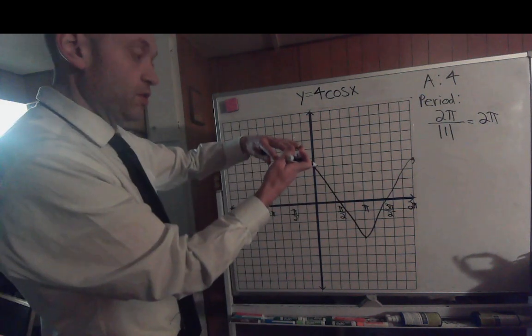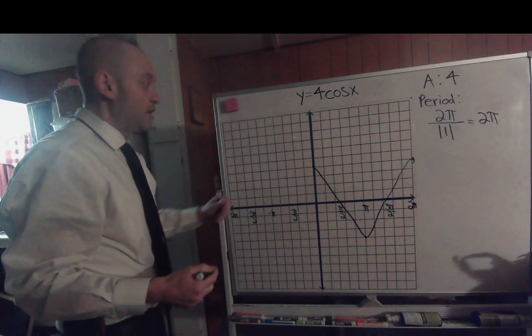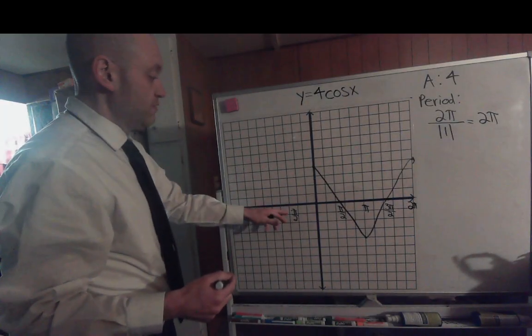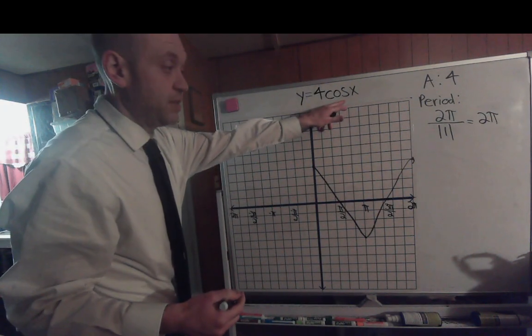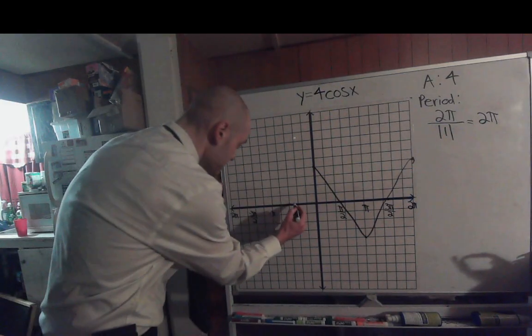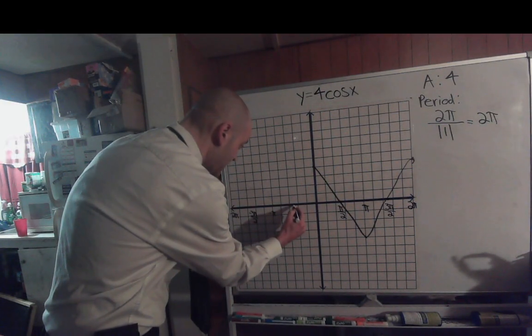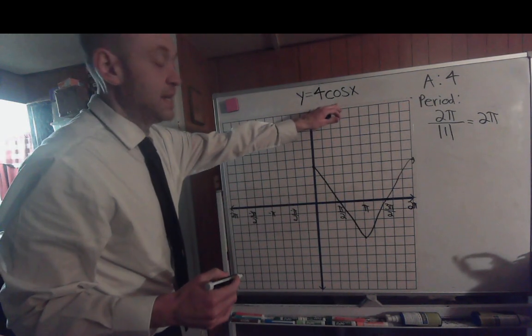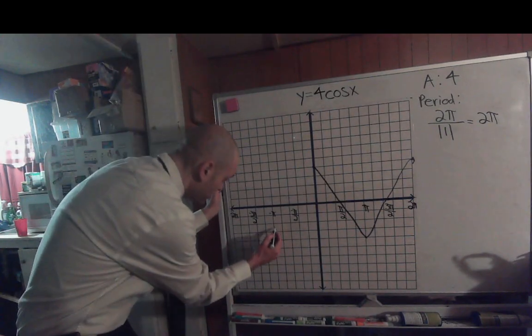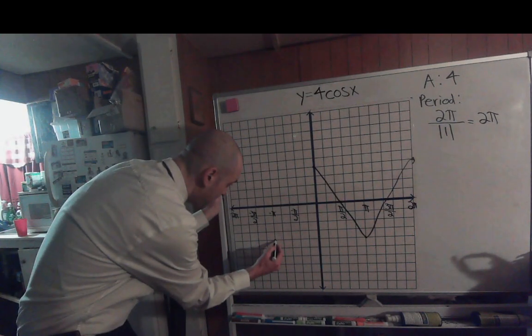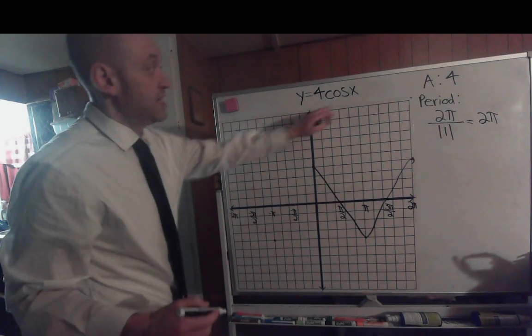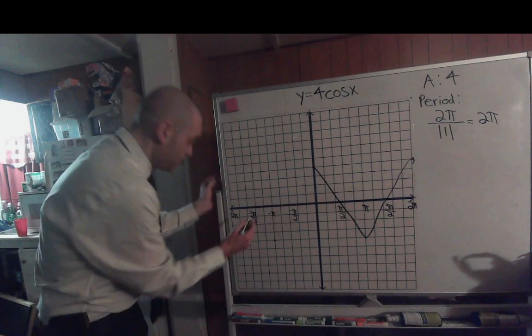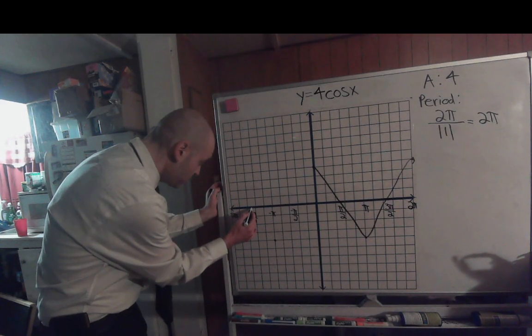It's really vertically stretched. Now what about negative pi over 2? Cosine of negative pi over 2 is 0 times 4, still 0. Now what about negative pi? Cosine of negative pi is negative 1 times 4 as well, negative 4. The cosine of negative 3 pi over 2 is 0 times 4, which is 0.